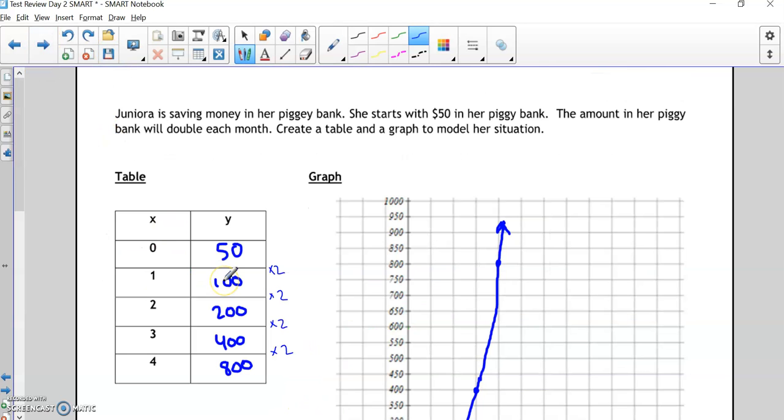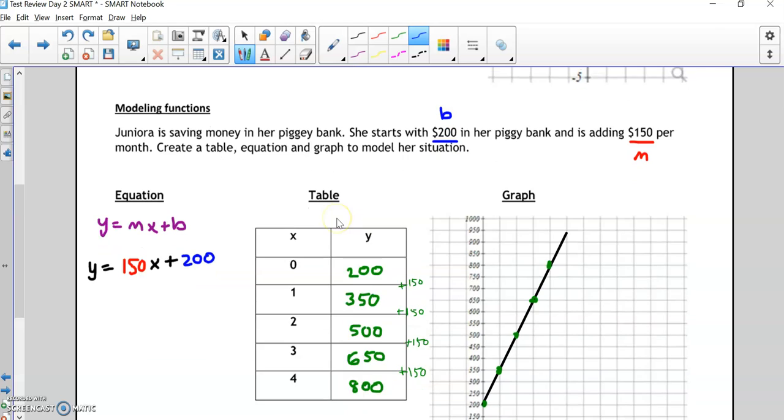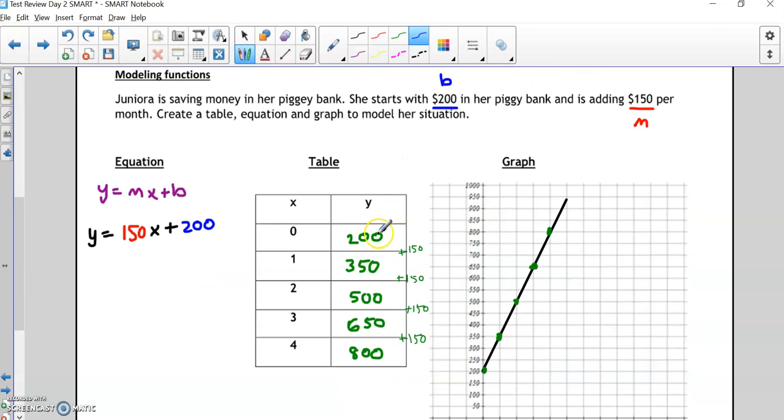However, we can also notice that the starting values and the intermediate values were different, right? At 0, it was 50, at 1, it was 100, at 2, it was 200. Whereas here, it was straight at 200, but then 350, 500, 650. The change is smaller, right?